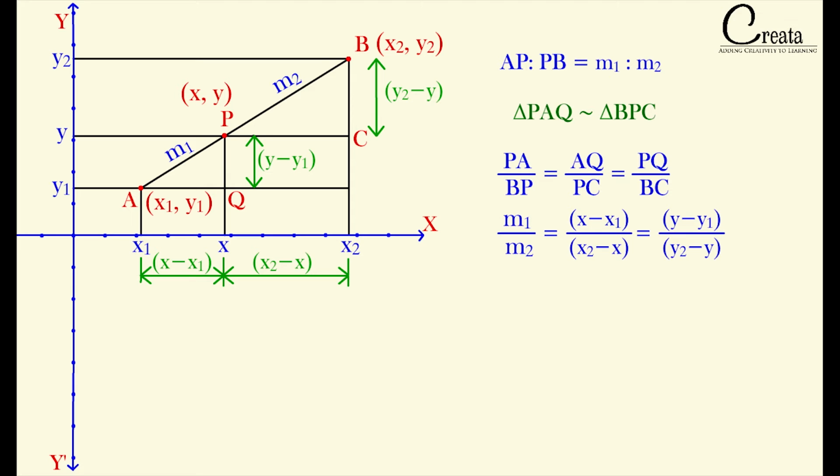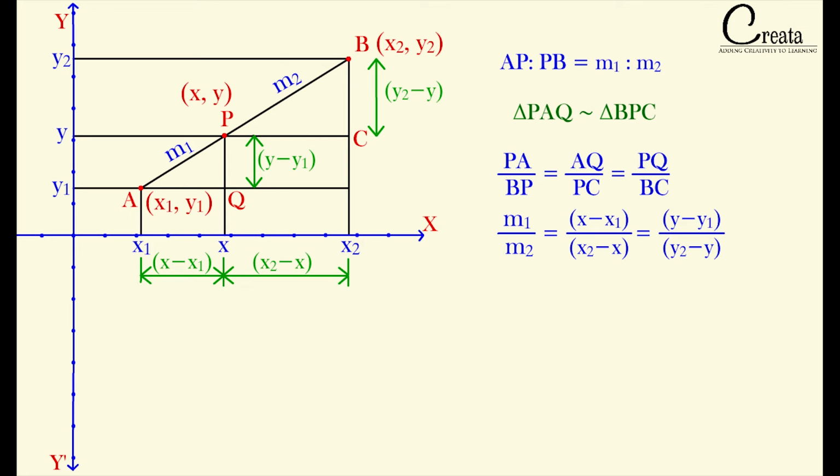Here PA upon BP will be equal to M1 upon M2. Why? Because the point P is dividing the line segment AB into the ratio of M1 is to M2. Don't be confused here, M1 and M2 are not the hypotenuse for this triangle. M1 and M2 are just the ratio of this triangle. So we got AP upon PB, that is the ratio of these two sides as M1 is to M2. Okay, got it?